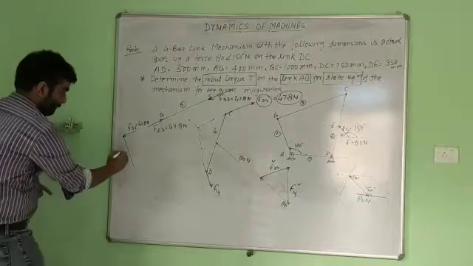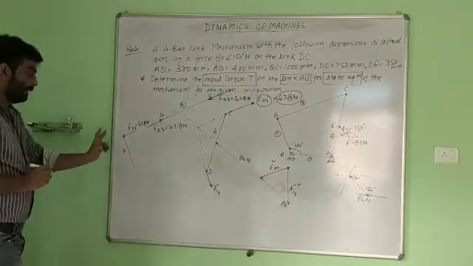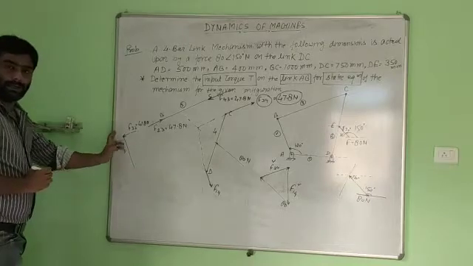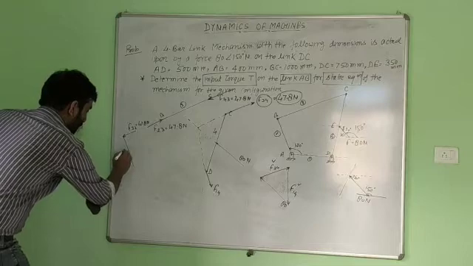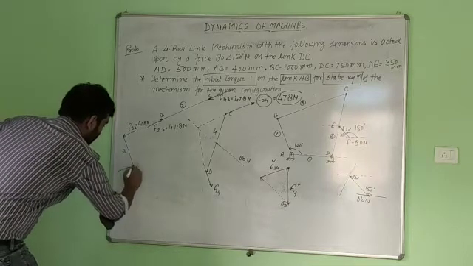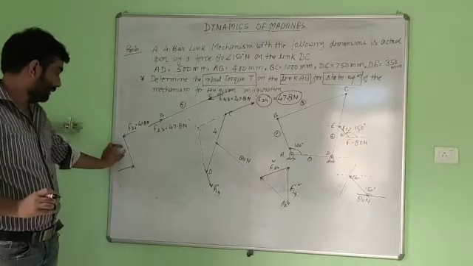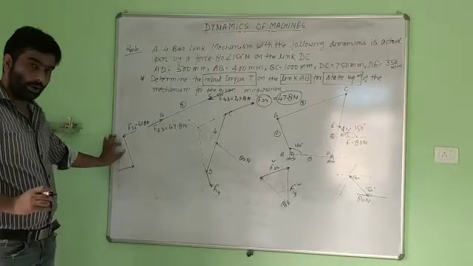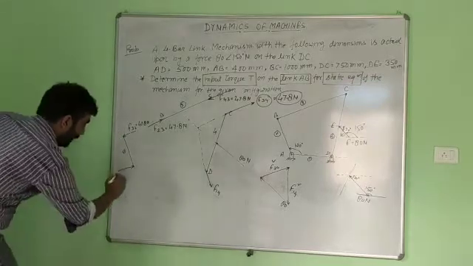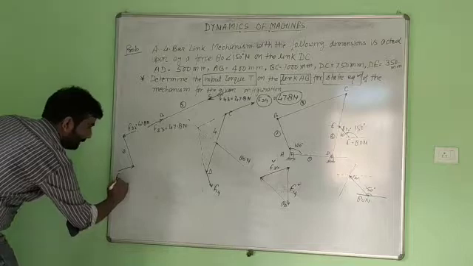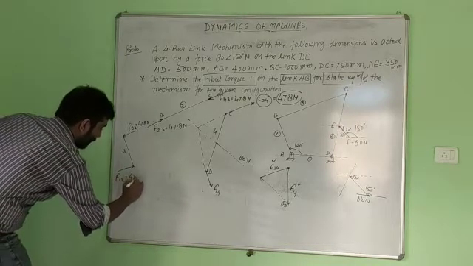Now member 1 is in equilibrium under the action of two forces and a moment. The moment is externally applied, but we have another force according to the condition. If a member is in equilibrium under the action of two forces and a torque, then the forces should be equal. And this force is F12, the force by member 1 on member 2, with equal magnitude.